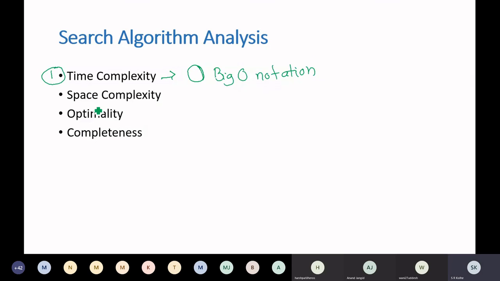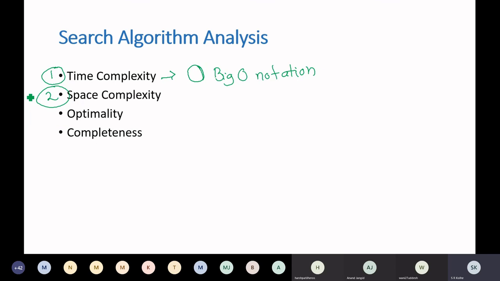Then what is the space complexity of a given algorithm, search algorithm specifically? Counting memory space. Right. On an average, how much memory space is required at any time?